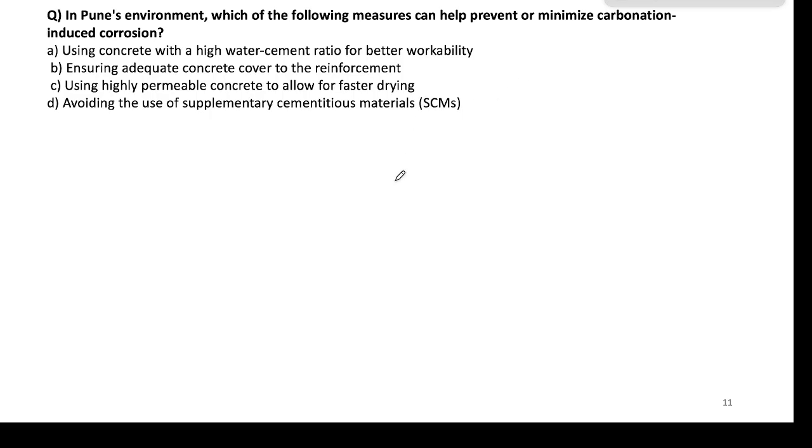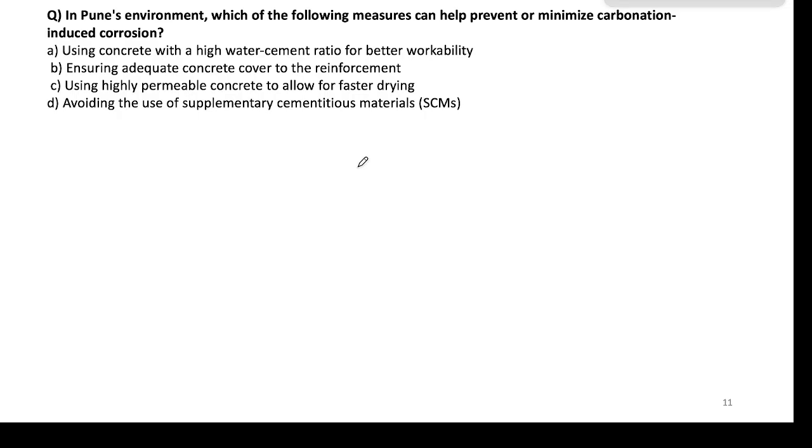So the options are: using concrete with a high water-to-cement ratio for better workability; ensuring adequate concrete cover to the reinforcement; using highly permeable concrete to allow faster drying; avoiding the use of supplementary cementitious material. Please make sure you are scientifically selecting the answers from these options.